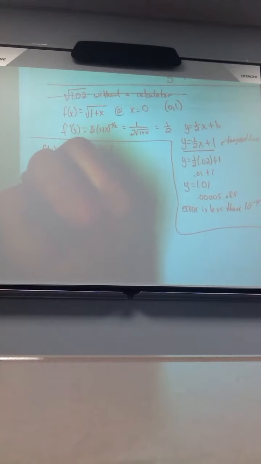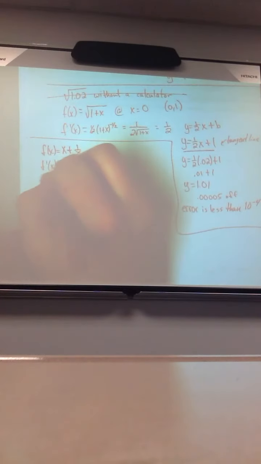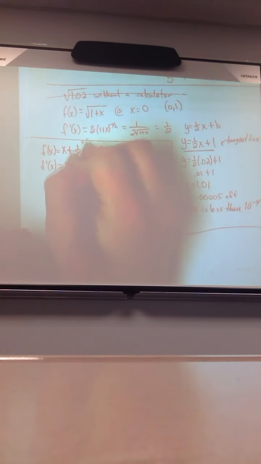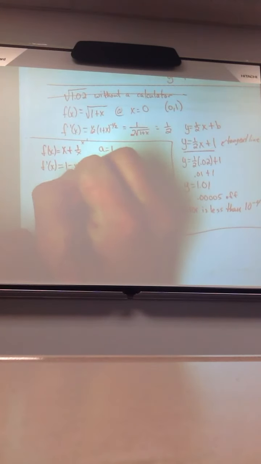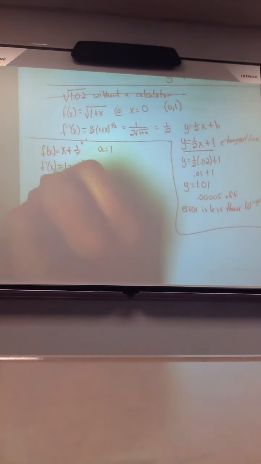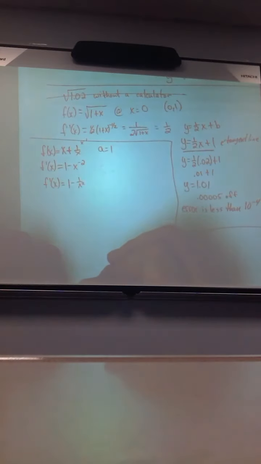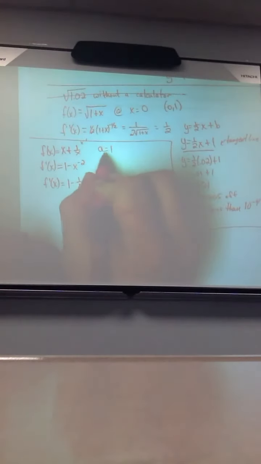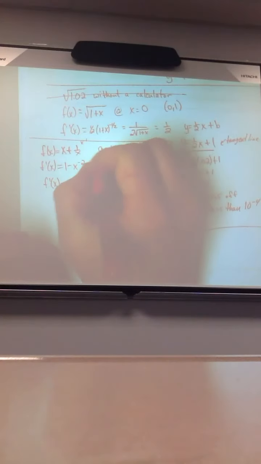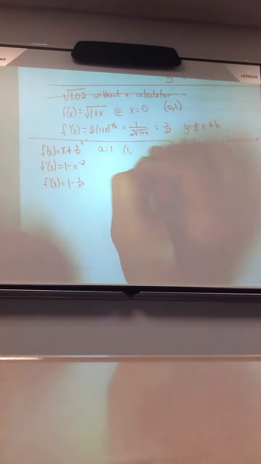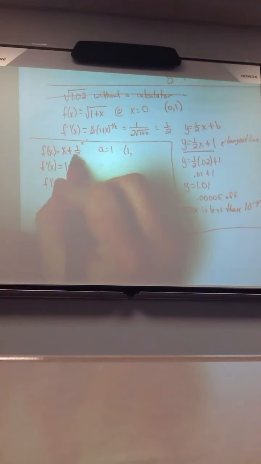So yeah, we find the derivative here. That'd be 1, then x to the negative 1, so minus x to the negative second. So my derivative is 1 minus 1 over x squared. So my tangent line when a equals 1. Okay, so what would my point be? 1 comma 2.